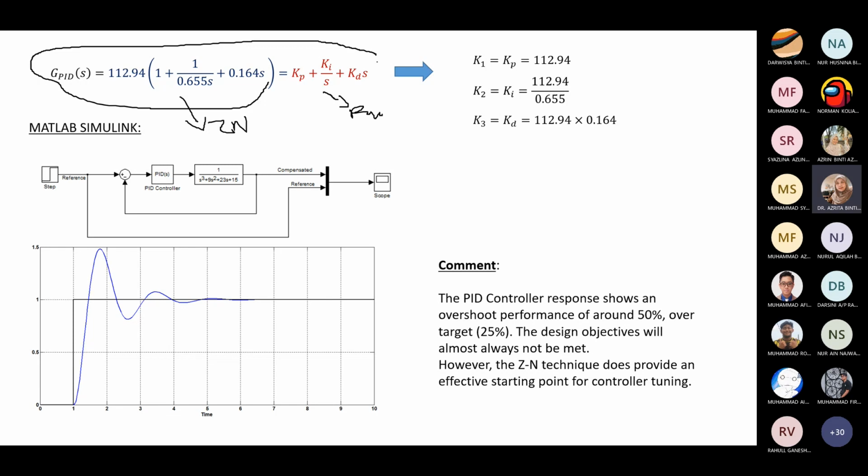The K2 is equal to the value of Kp over the value of Ti.